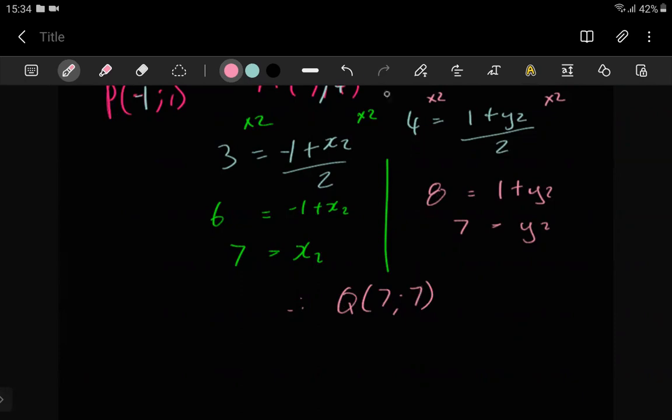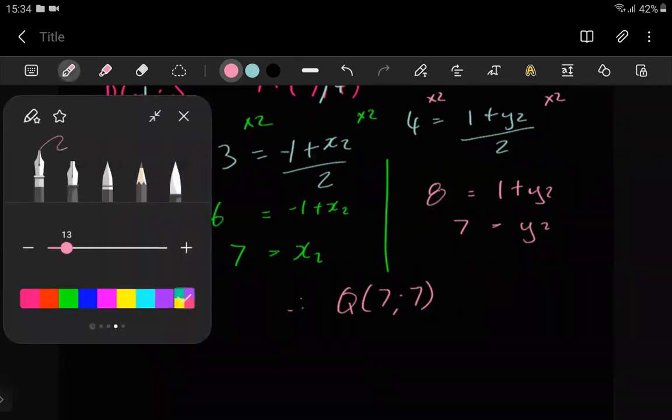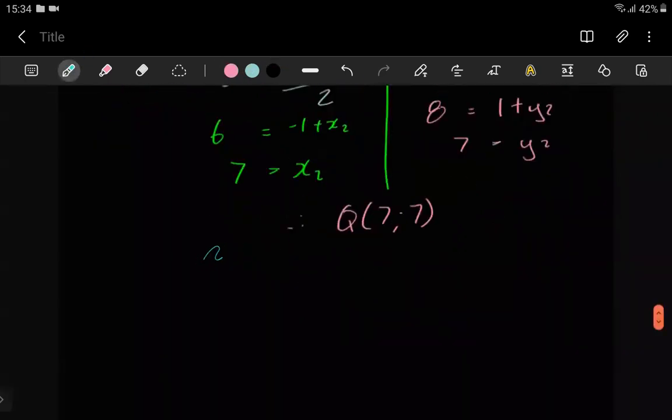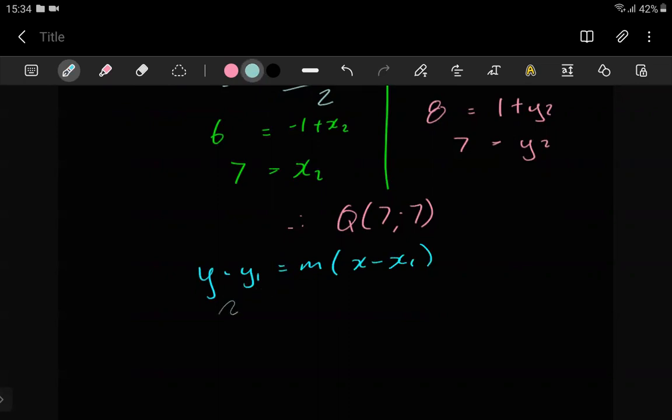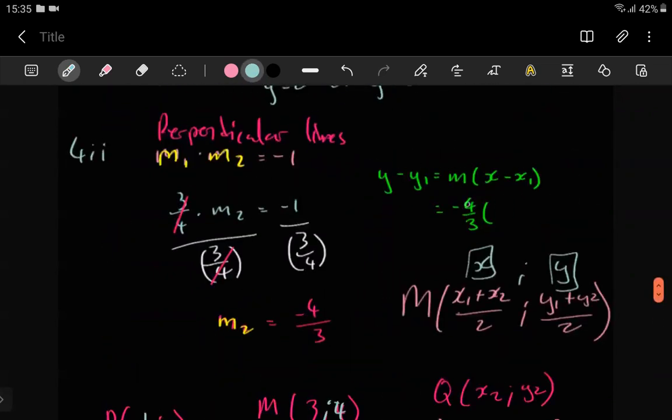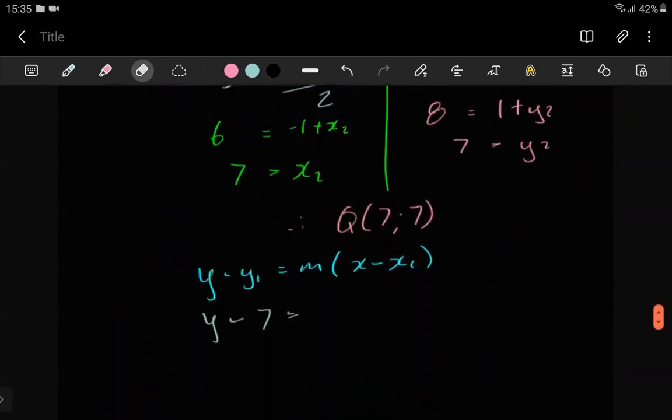So now we can use our straight line equation, y minus y1. I keep rewriting it, which is interesting. So it says here y minus 7. The gradient, we got it as, oh, I was writing it up there. Should have just carried on.